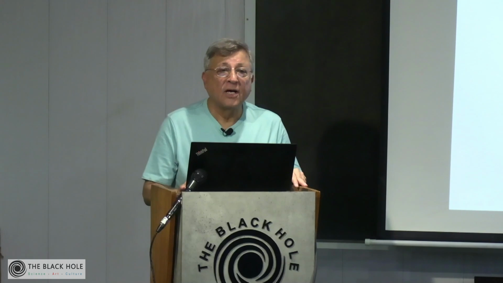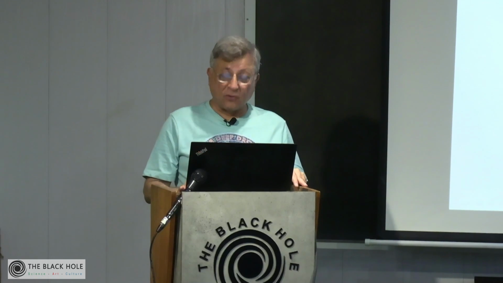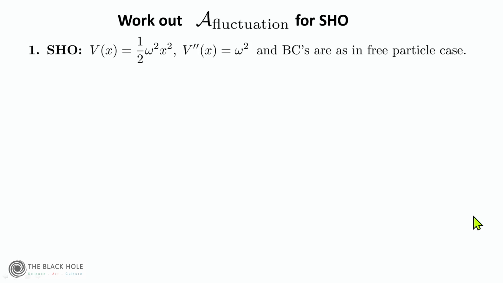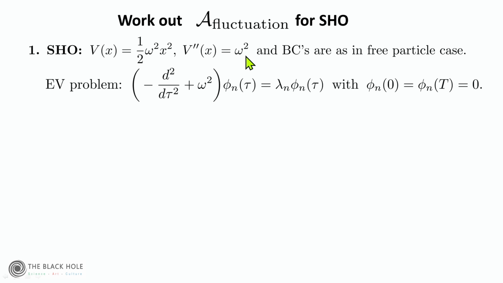Okay, now I'm going to use the same approach for the simple harmonic oscillator, where this potential is this half omega squared x squared. You differentiate this twice with respect to x, you get omega squared. And of course, the boundary conditions are as before, x0 to x prime t. Your eigenvalue problem now is, this is v double prime.